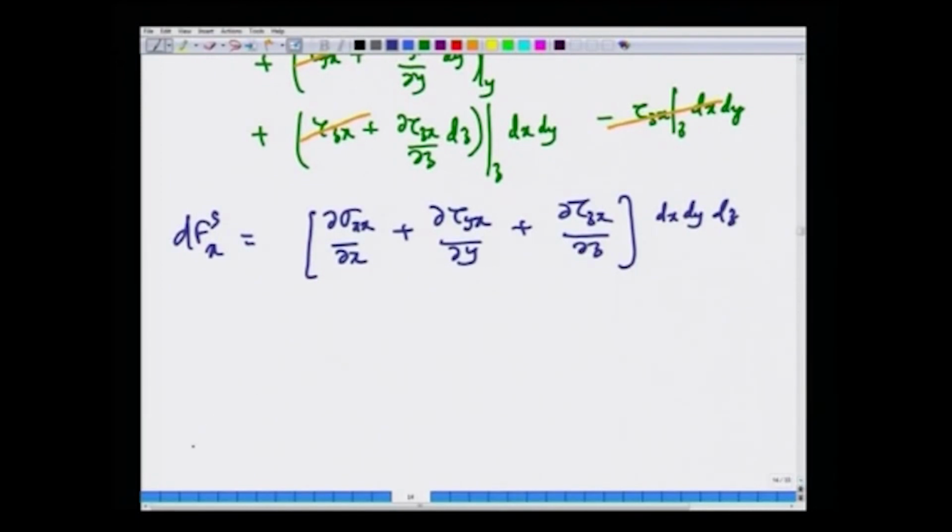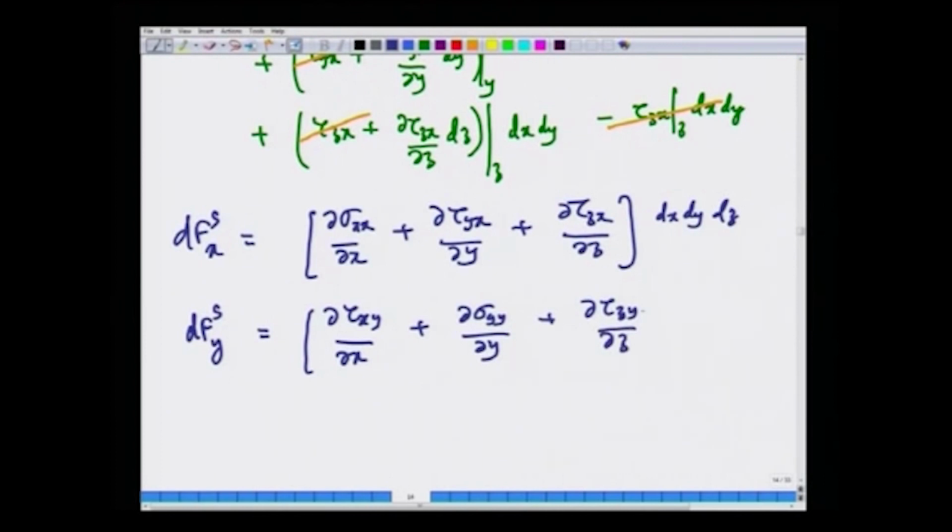Likewise, dF_s,y is d tau_xy by dx plus d sigma_yy by dy plus d tau_zy by dz times dx dy dz.